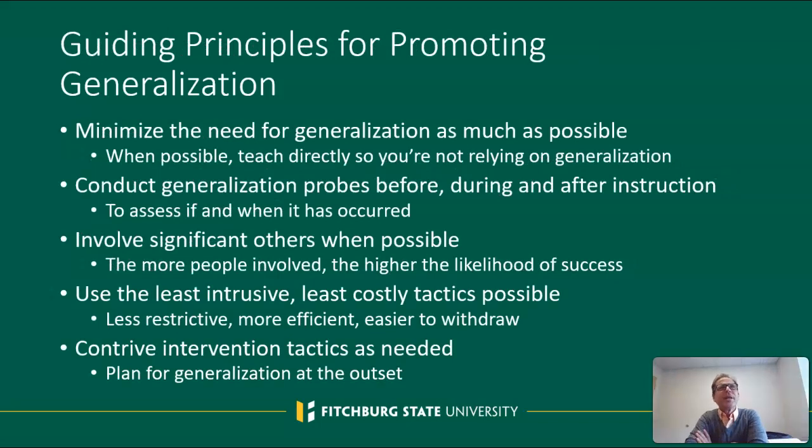So finally, some guiding principles when we're looking to promote generalization in general. The first is, if we can, let's minimize the need for generalization as much as possible. When we can, let's teach directly so we don't have to rely on generalization.